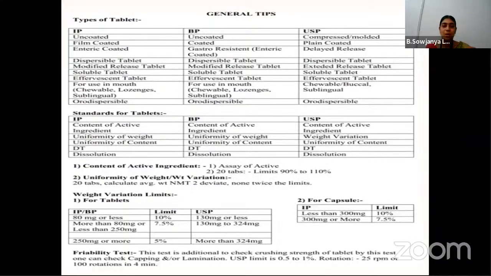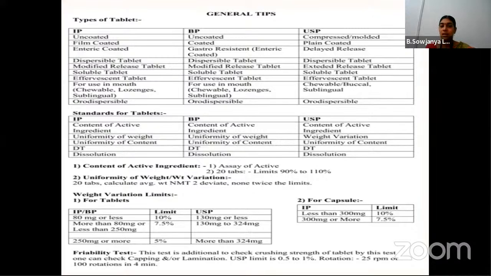Overall, what we discussed finally: active ingredient like drug content uniformity, uniformity of weight or simply the weight variation test, and disintegration, dissolution.